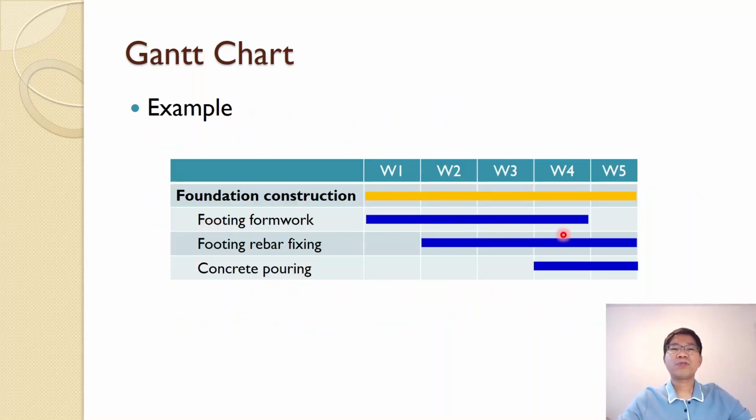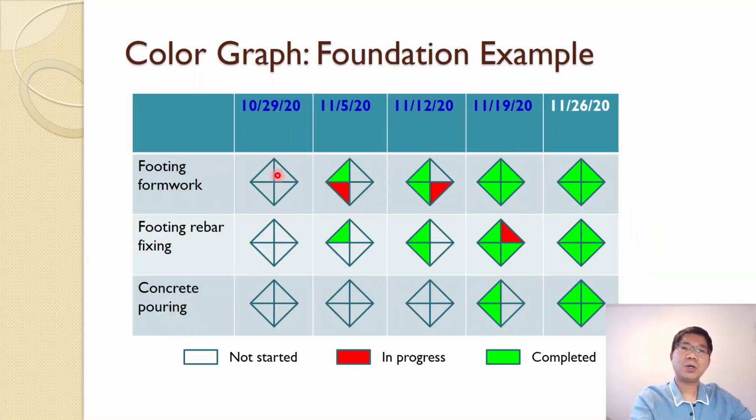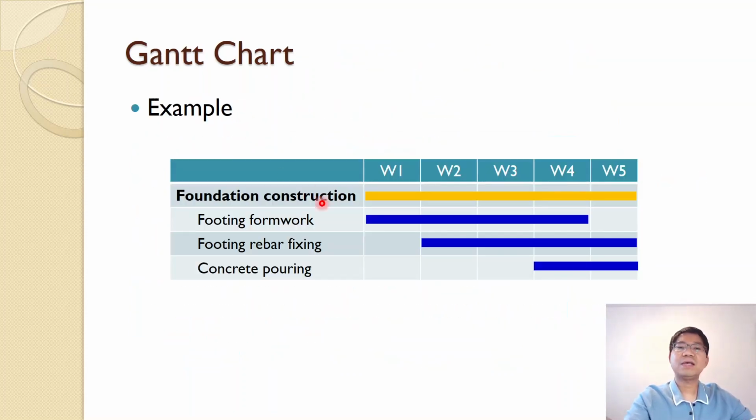Take the foundation example that we used in the color graph earlier, with 5 weeks of work. We can convert that into a Gantt chart: footing formwork in the first 4 weeks, rebar fixing in the last 4 weeks, and concrete placing in the last 2 weeks.